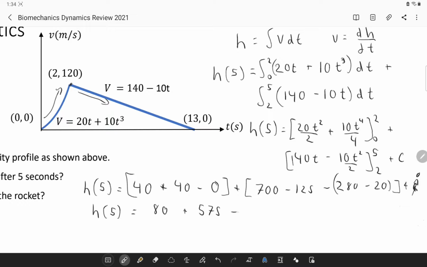And minus 280 minus 20, that'll be 260. This whole thing together, 575 minus 260 plus 80, should give us 395 feet.